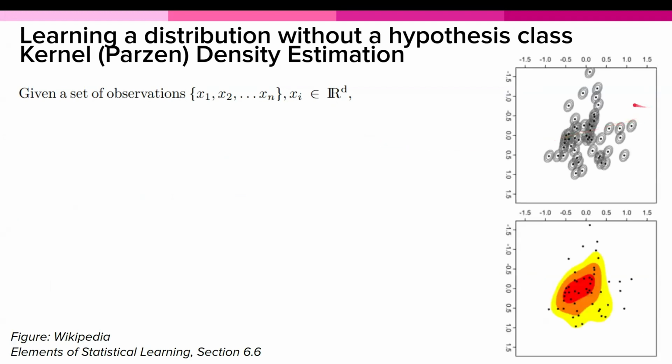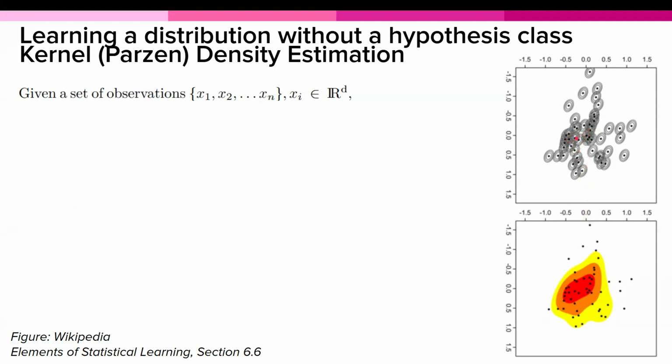Intuitively, we place a small smooth blob or kernel function centered at each data point that we have, and then sum these to create an estimate of the overall distribution. Wherever we see a data point, we drop a kernel, and by summing the contribution of these kernels, we get an approximation of the density across the feature space. Areas where points are densely packed will have overlapping kernels, like here in the center.